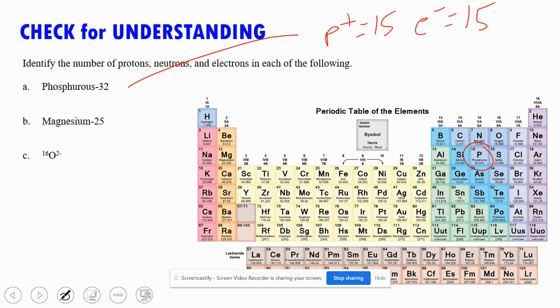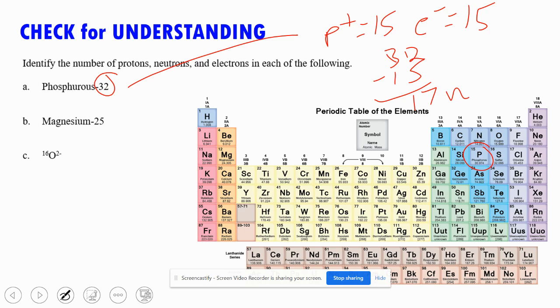The next thing we're going to look at is the number of neutrons. You simply need to take the atomic mass or mass number, which is given here. The mass number in this particular problem is 32, so we take that 32 and subtract the protons, the 15, and we get 17 neutrons.